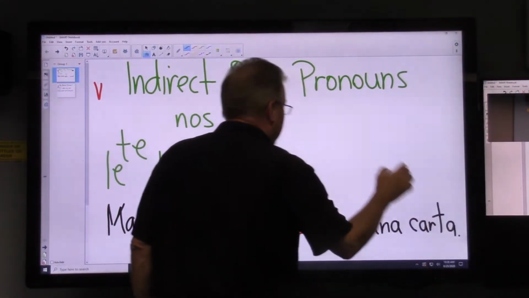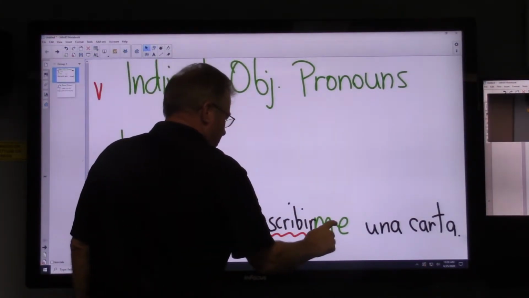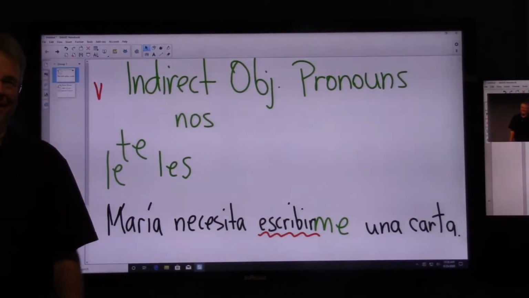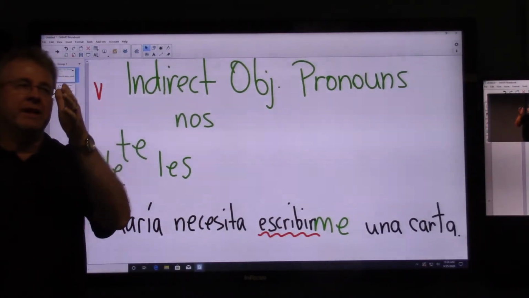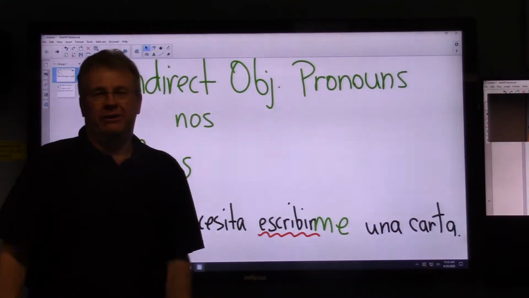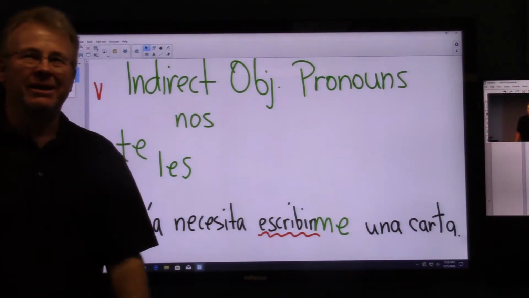I can smash it on the end of an unconjugated verb because I have that option. María necesita escribirme una carta. And again, smashed on the end of an unconjugated verb more closely reflects English word order. María needs to write me a letter. You see? María necesita escribirme una carta.